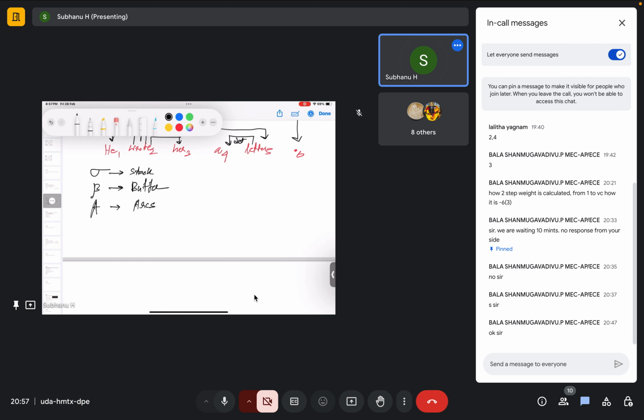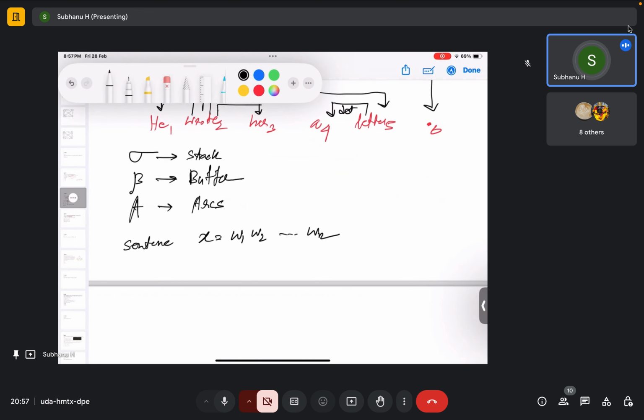This is denoted by sigma, beta, A. Now the initial configuration for parsing a sentence x, which has words W1 to Wn: we have an empty stack, a buffer containing the words W1 to Wn, and an empty arc set. So first everything else is empty.